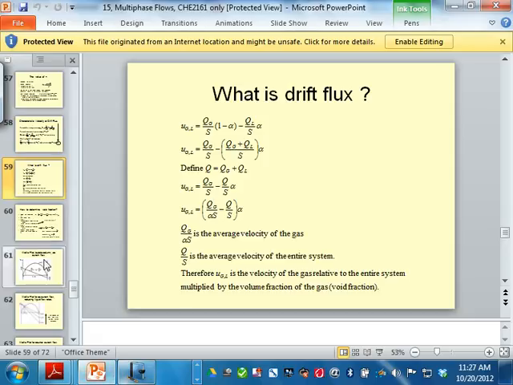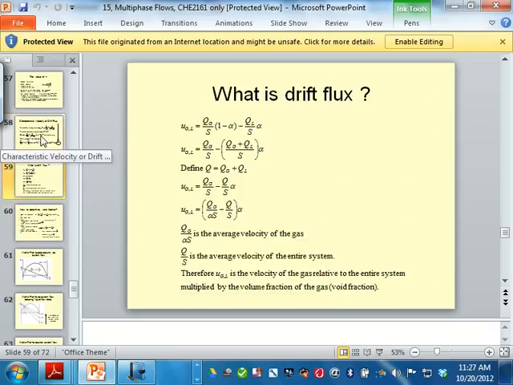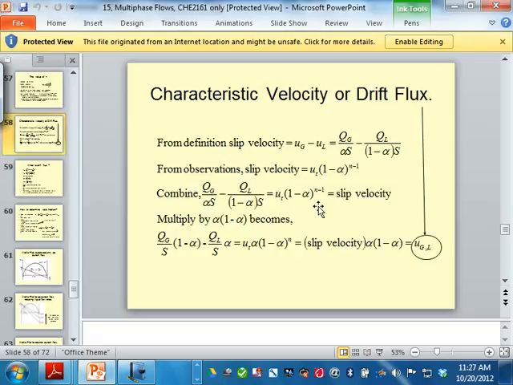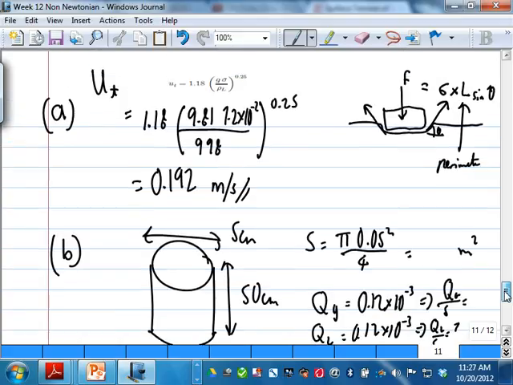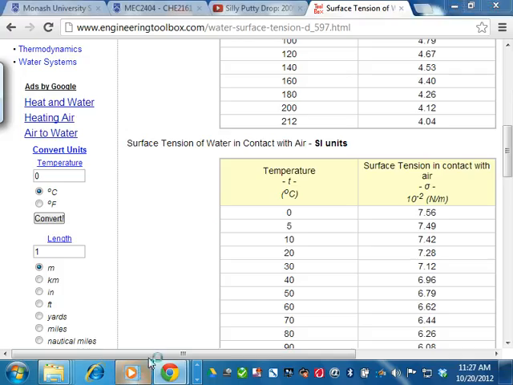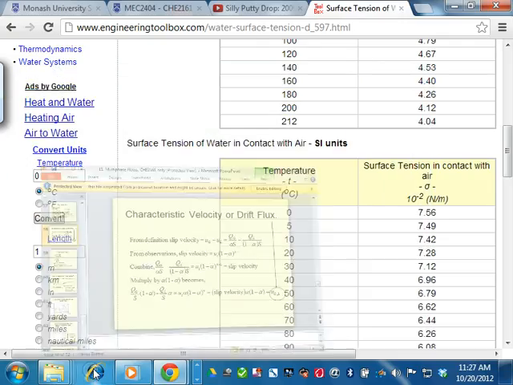Sorry, no. Part A is not finished yet. Slip velocity is actually this one. So part A, this is UT, US, the slip velocity.